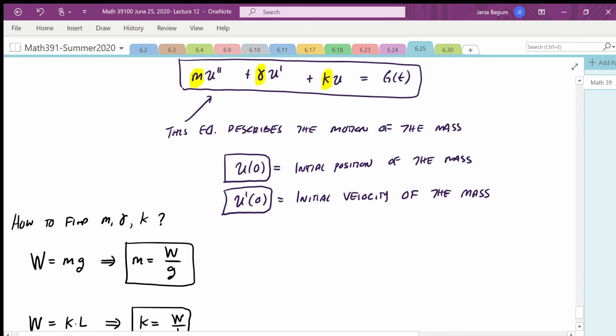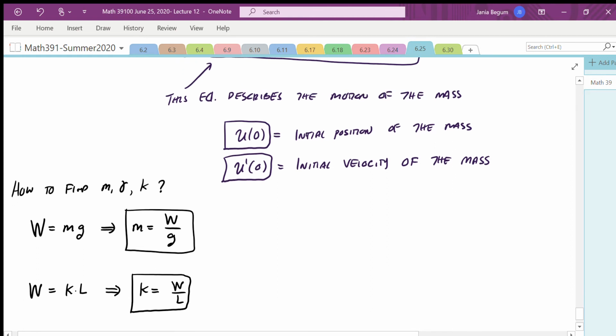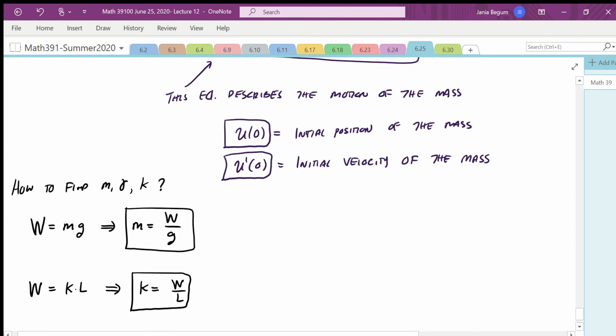The force we are familiar with is the weight, which is equal to mass times g. From here, we can find m, which will be the weight over gravity. G is the gravitational constant, so we can use either 9.8 or 32. Then we can also let weight be equal to K times L, which is the spring force, where L is the stretch.